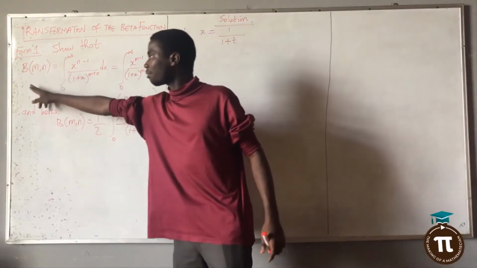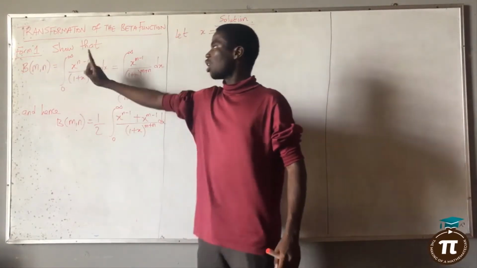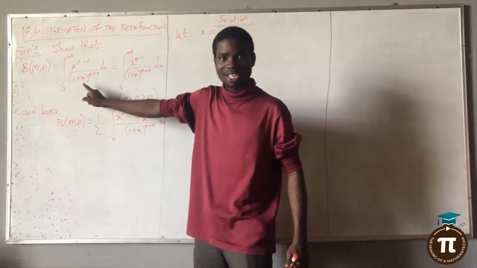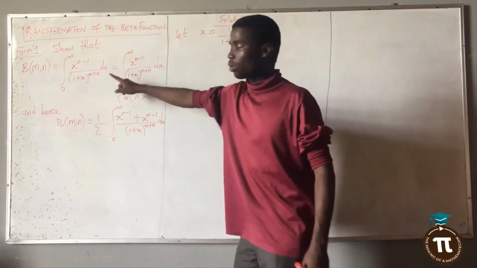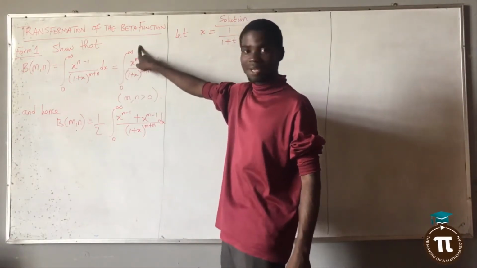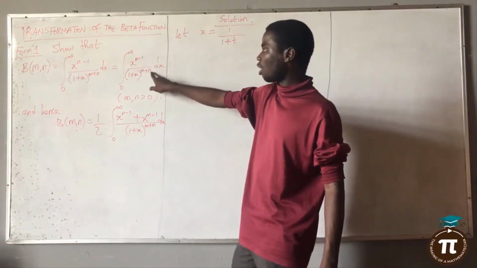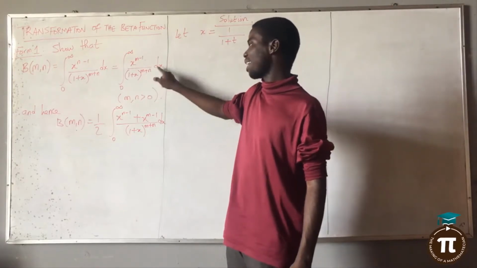Show that the beta of m comma n is equal to the integral from 0 to infinity of x raised to the power of m minus 1 all over 1 plus x raised to the power of m plus n dx, which is also equal to the integral from 0 to infinity of x raised to the power of n minus 1 all over 1 plus x raised to the power of m plus n dx.